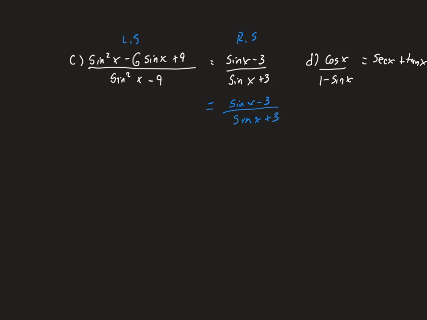What can I do on the top? Well, on the left side, if I look at the top, best thing you could do in these type of questions is to look at sine squared x minus 6 sine x plus 9. So I'm going to do a little bit of an aside here, just to show you what I'm looking at.